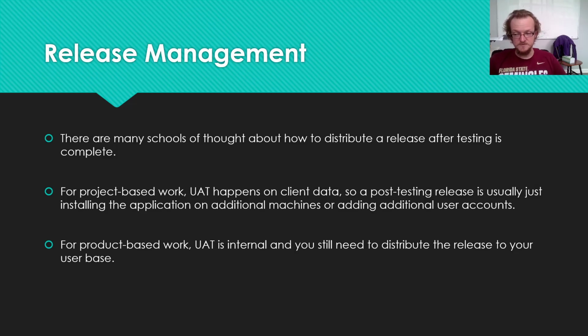For product-based work, typically after UAT is done, that's when distribution actually happens. So once UAT is finalized, you have Microsoft Word 2016 in all of its pristine glory, and then you post it on the website, and now end users can actually go out and download a copy and start using it.